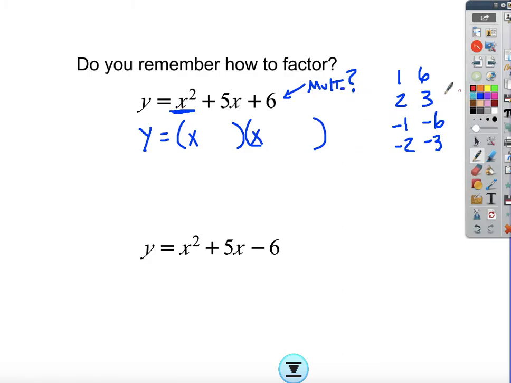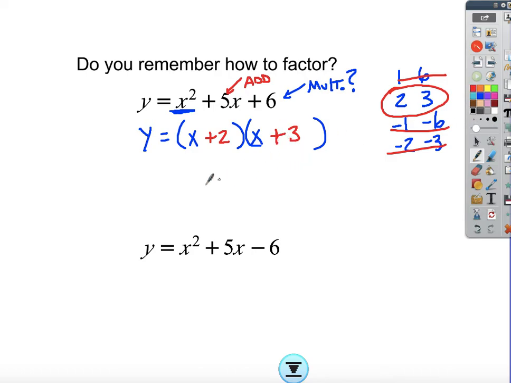And then what we need to make is we need them to add to 5. So you look at this list of numbers, which of these add to 5? Well, 1 plus 6, that adds to 7. This adds to negative 7. This adds to negative 5. Right here, these two add up to 5. So I'm going to have a positive 2 and I'm going to have a positive 3.